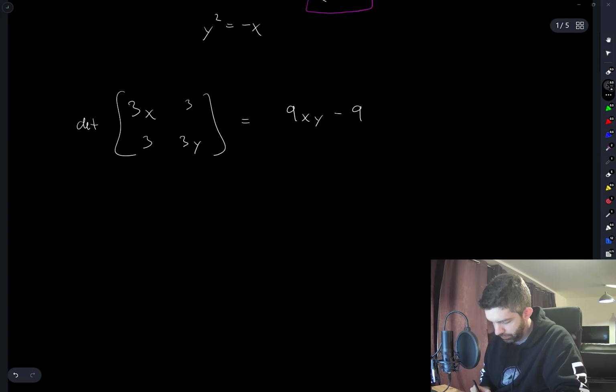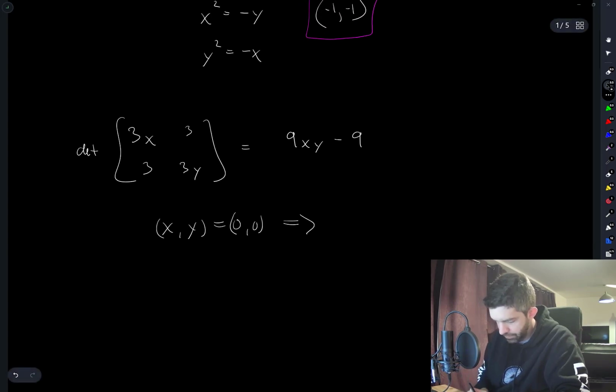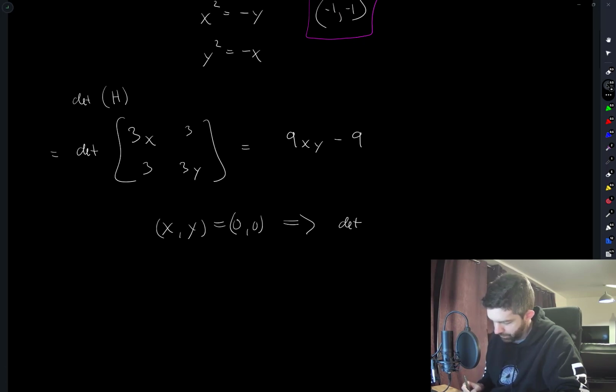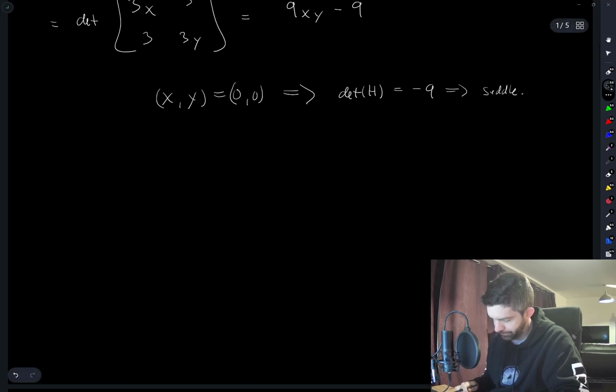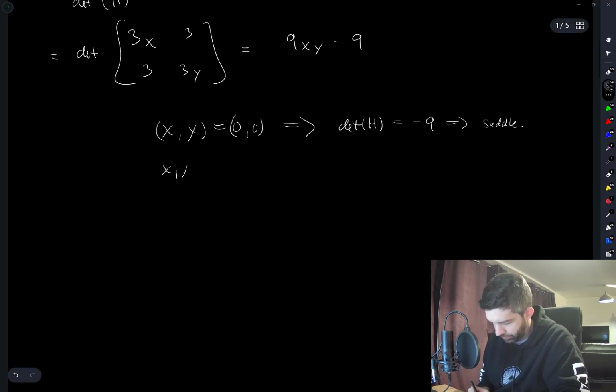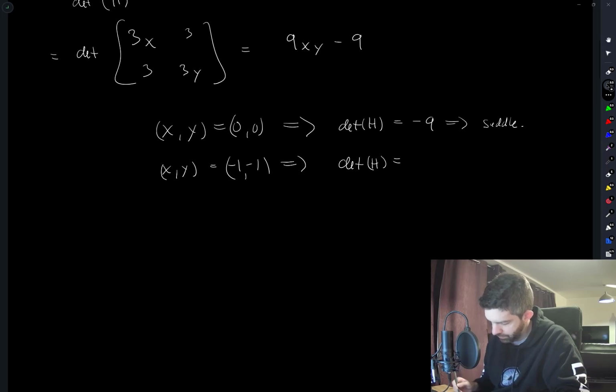So when x and y are both equal to 0, let's call this matrix H, then the determinant of H is -9, and this means we have a saddle point. And when x and y are both equal to -1, the determinant of H is 0.